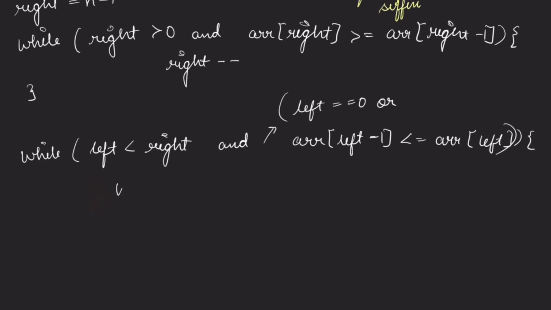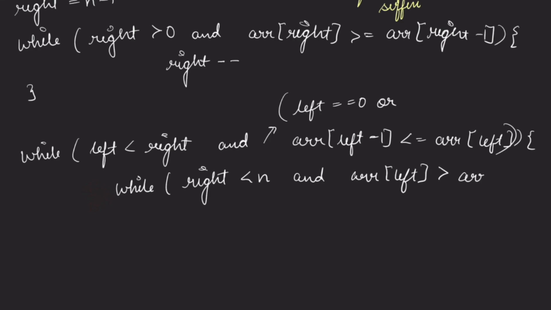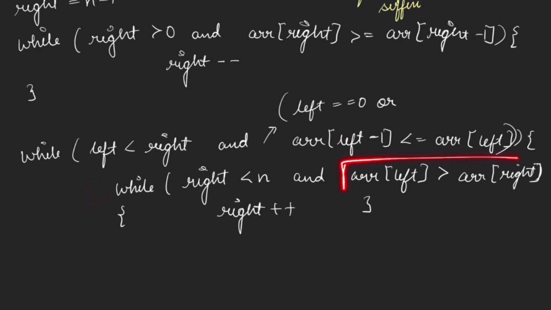So what we will do is we will run another loop here. Inside this, we will check that while our right is less than n, right? And ARR of left is greater than ARR of right? Till then, you will increment your right by 1. So whenever this condition becomes false, then it means either left is less than right or it is equals to right? So you will stop there itself.